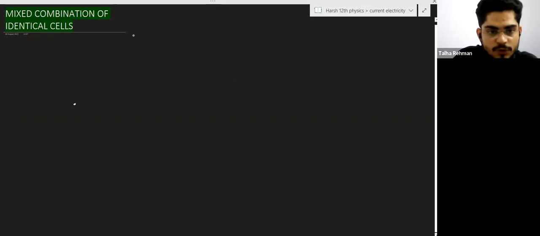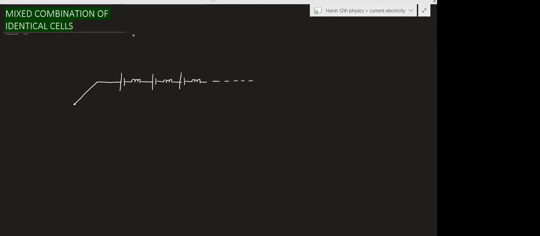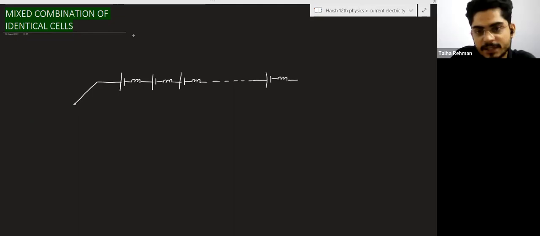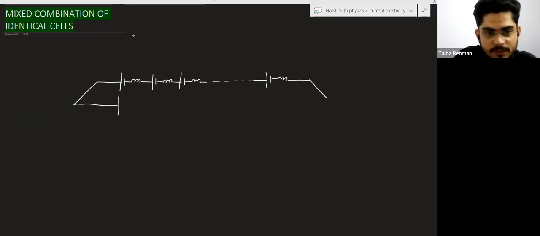Suppose I am connecting n cells in series.